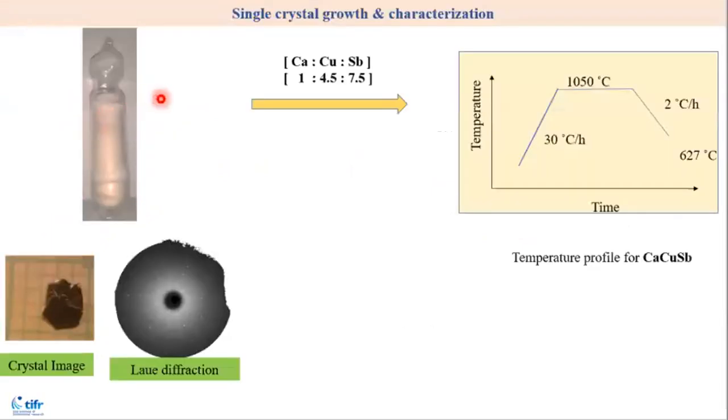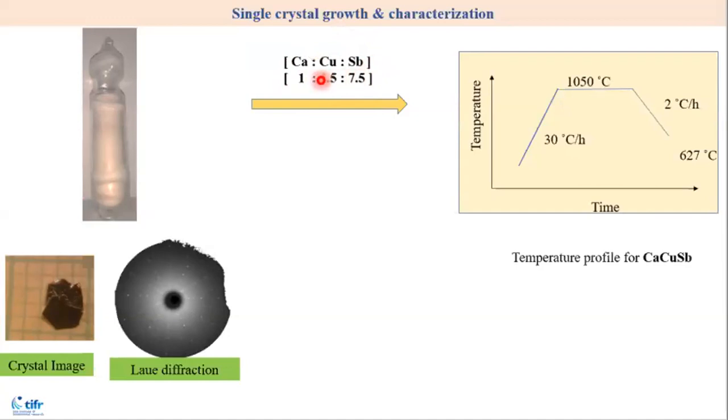So coming back to the second case, the calcium copper Sb. Here we have some interesting composition of the material to grow 1:1:1. I have taken a 1:4.5:7.5 ratio of calcium, copper, Sb respectively.